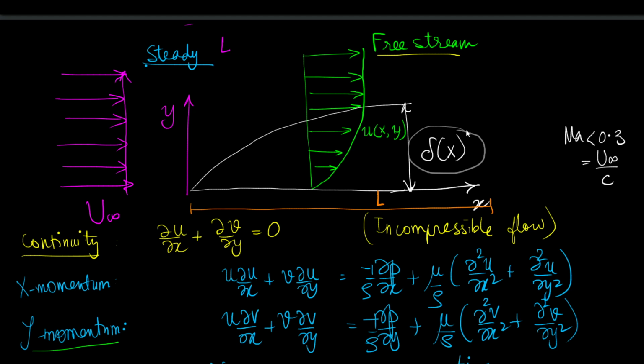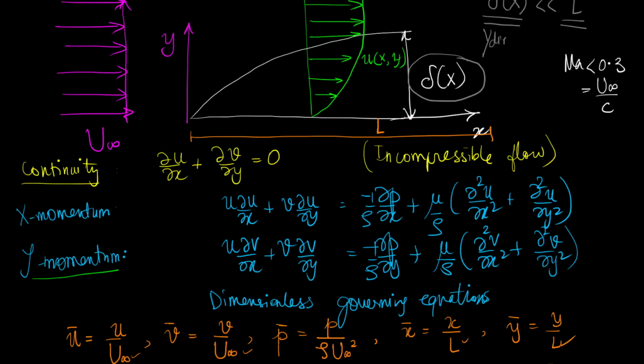And this we know from experience and experiments, that this delta is much less than the length of the plate. That is the transverse coordinate. So the characteristic length scale in the y direction is much smaller than the characteristic length in the x direction. Let us now encode these facts.